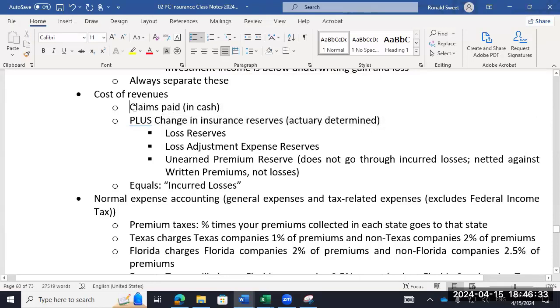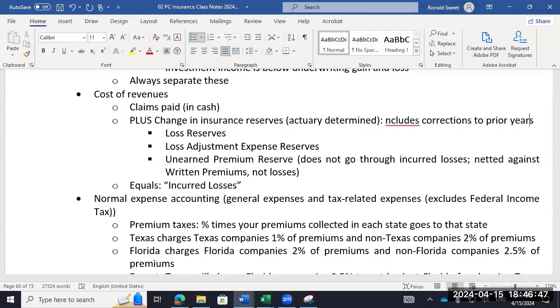That's what goes to the income statement. And that change in reserves includes what? What did we just do? It includes corrections per year, right? We just did that. So your change in reserves also includes those corrections.